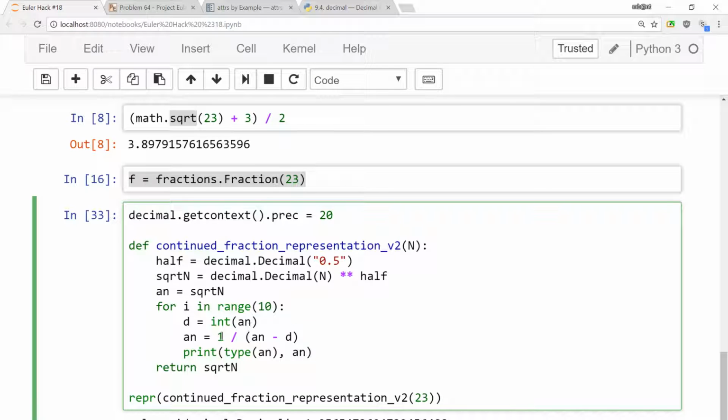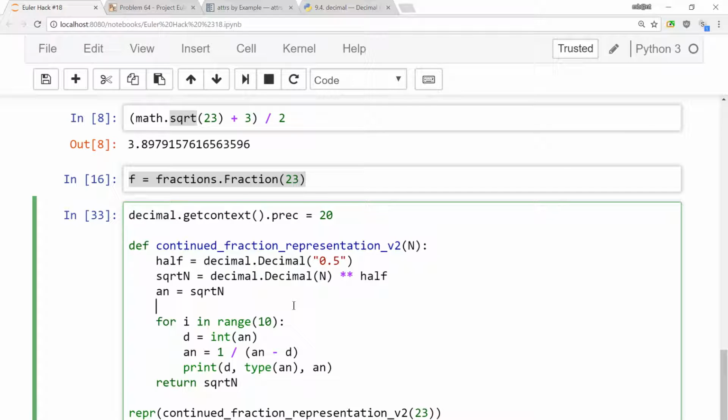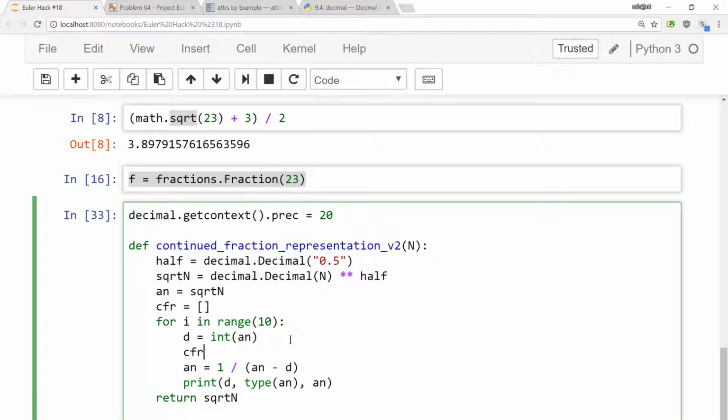So D is that, an is that, and we store D. CFR is a list, and we start off by doing CFR append D, and let's just print CFR.